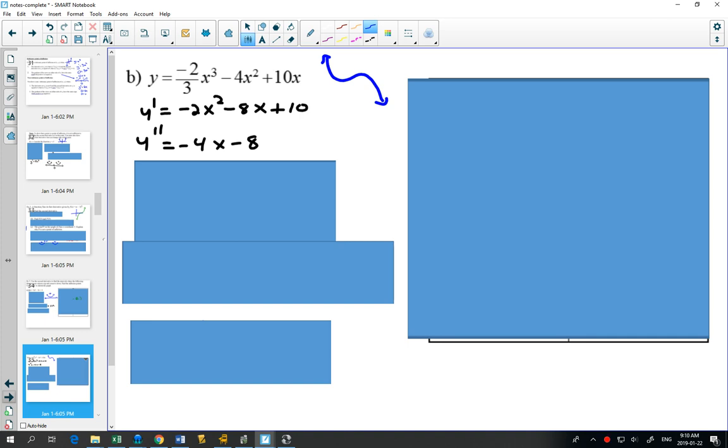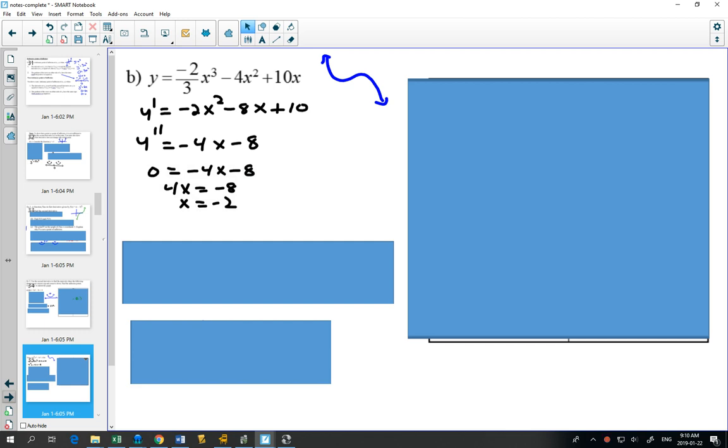If we find our first derivative, we get negative 2x squared minus 8x plus 10. If we find our second derivative, we get negative 4x minus 8. When is our second derivative equal to 0?